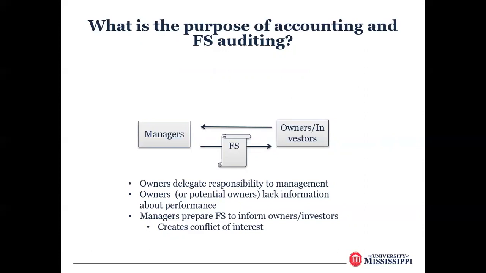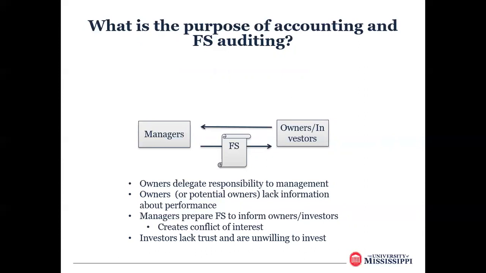Now the owners and investors understand this, or potentially understand this. And so for that reason, they might lack trust in those financial statements. And if they lack trust in the financial statements, they may be unwilling to invest.